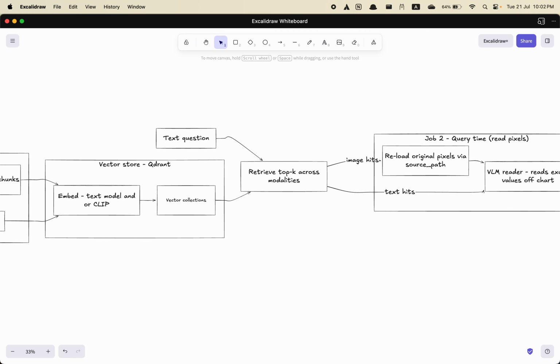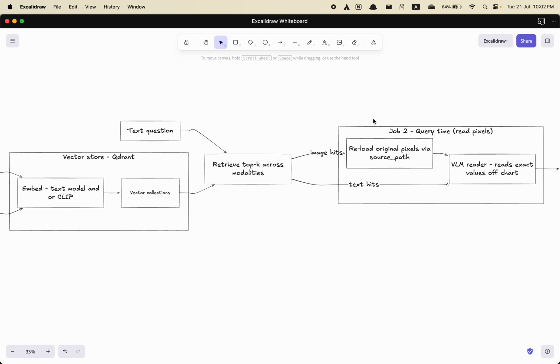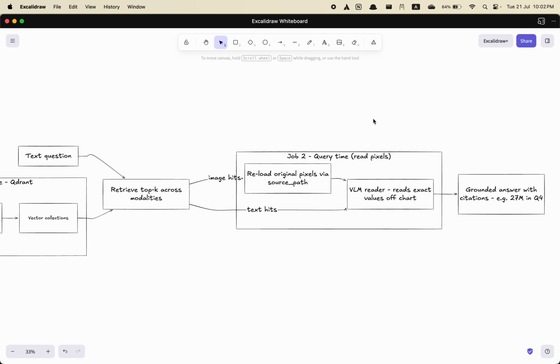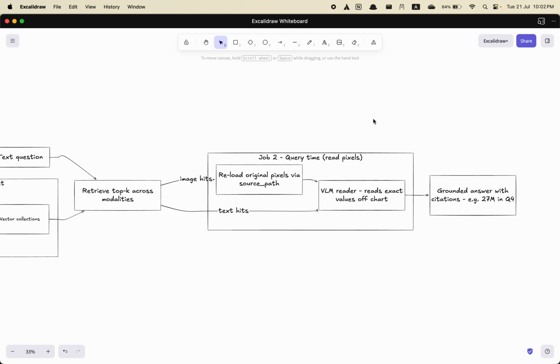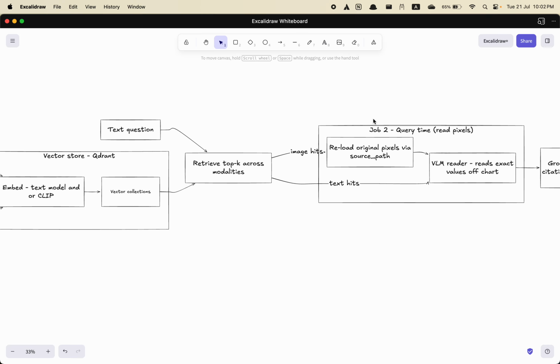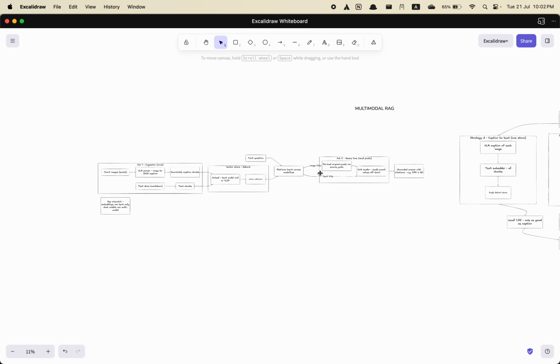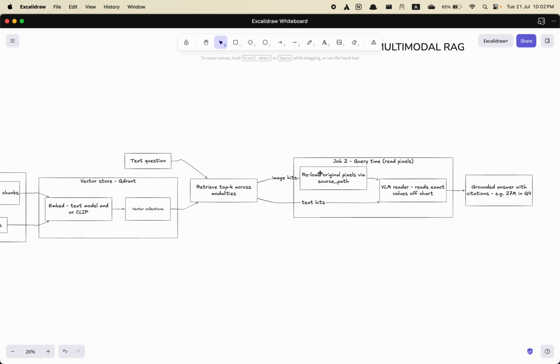And then at query time, it's a reader. Once retrieval finds the right image, you hand it the real pixels of that exact image, and the VLM is able to read those exact values. The reason this split happens is because embedding models are primarily text only, but chat models are multimodal.